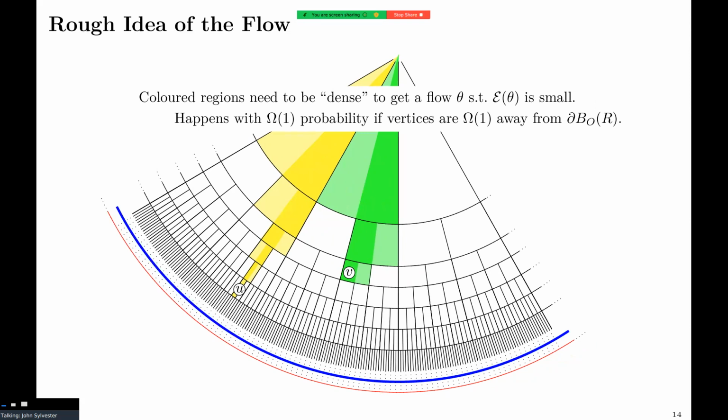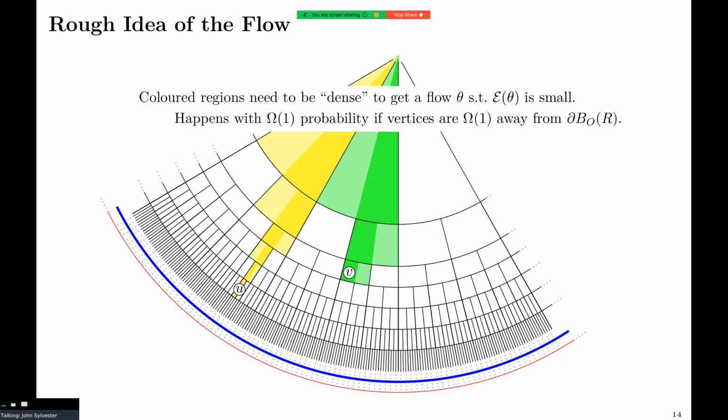So essentially, every tile in your ancestors going up to the root is suitably dense with constant probability if the start vertex is a constant distance away from the boundary of the disk. But the problem here is that the average vertex is a constant distance from the edge of the disk.